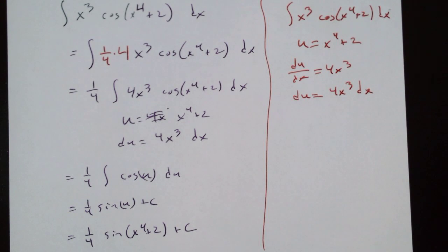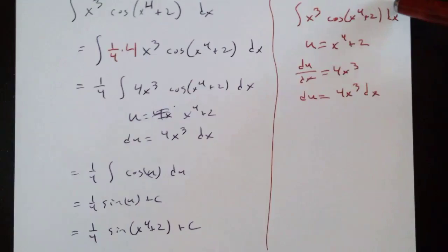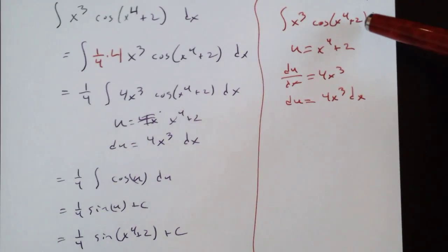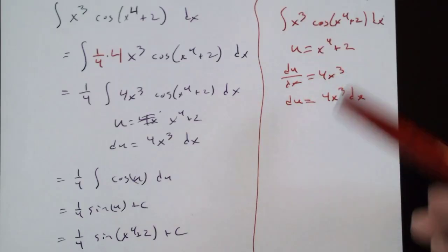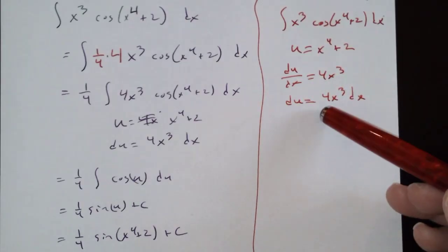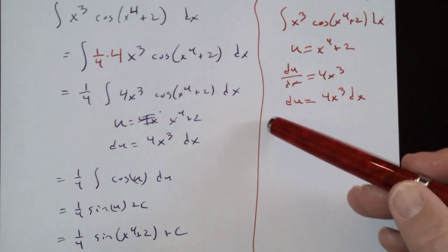But the 4 isn't up here. So just like I moved the dx from the left side to the right side, let's move the 4 from the right side to the left side.